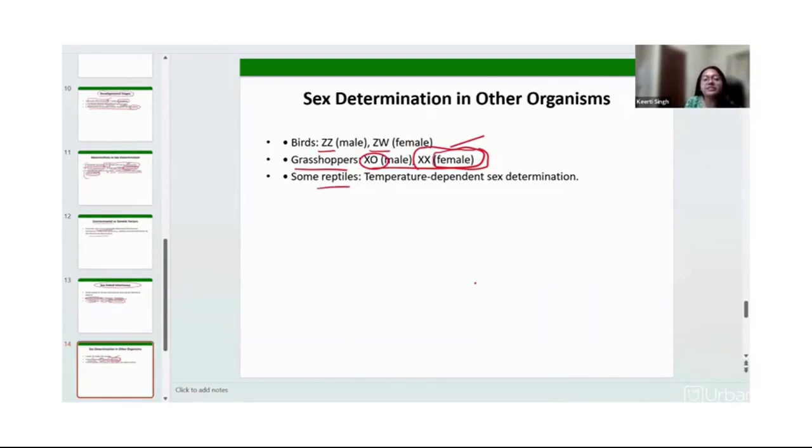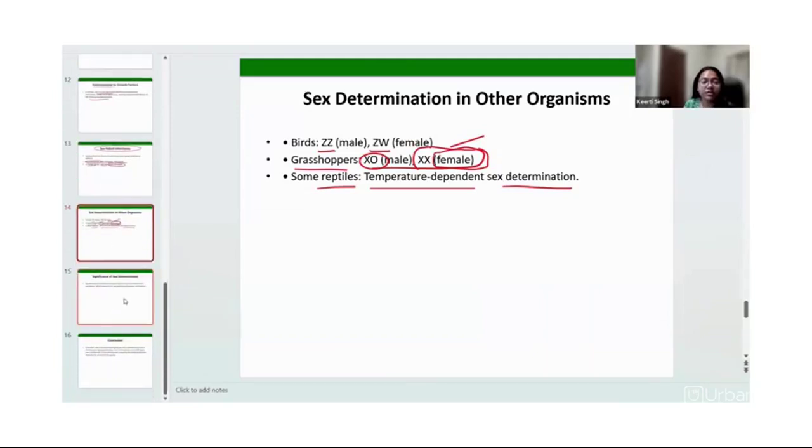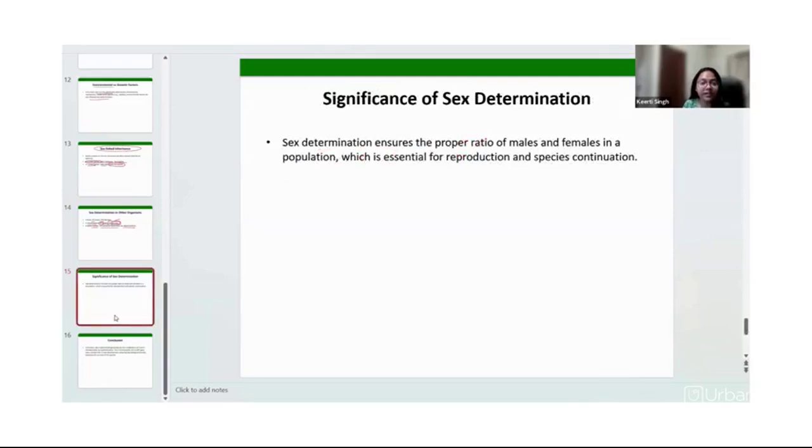And in case of some reptiles, the sex determination is actually done by an environmental factor, for example, temperature, right? So we can say that in reptiles the inheritance is not dependent upon the chromosome, right? Environmental factors are also inducing the changes in the developing offspring. It may develop into male, it may develop into female depending upon the temperature, right?